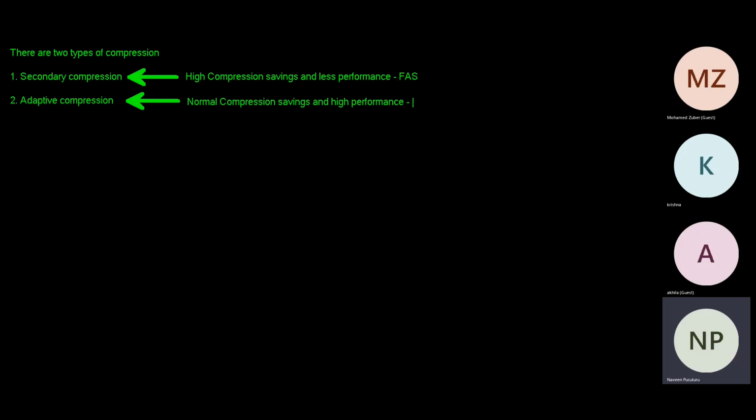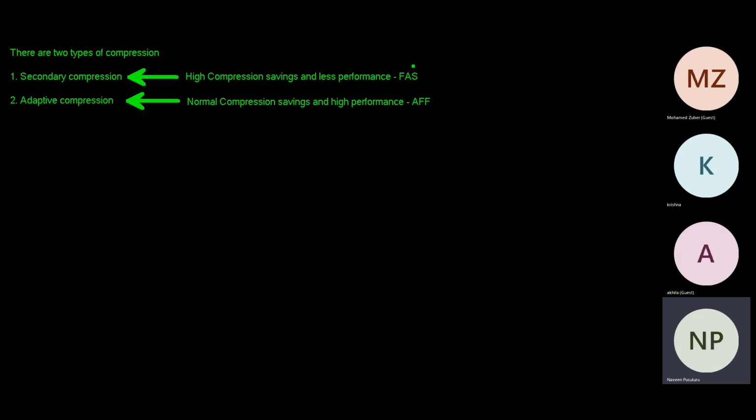The default compression option for AFF is adaptive compression. If you enable compression on FAS, it will select secondary as the default option. If you enable compression on AFF, it will select adaptive as the default option.